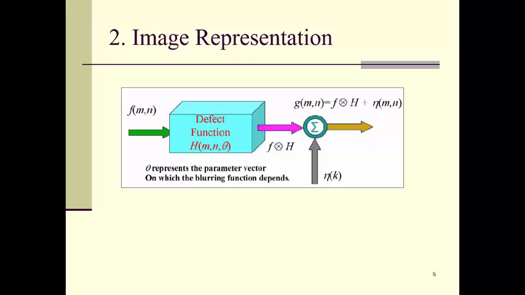Okay, but in order to have the blurring effect, I need to apply this defect function on my image in a certain way, which is called the convolution that has the form of the point spread function. You see what I mean? So here actually, to represent in a mathematical way the effect of the distortion and the effect of the noise, they are somehow different. And by distortion here, I mean the blurring effect, like the motion blurring, like for example, out of focus blurring. Okay?